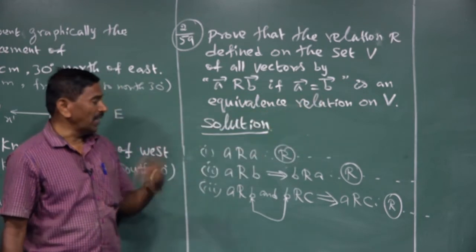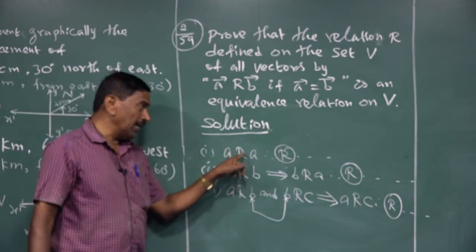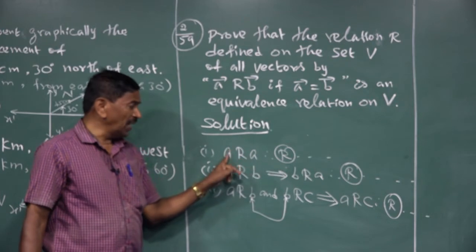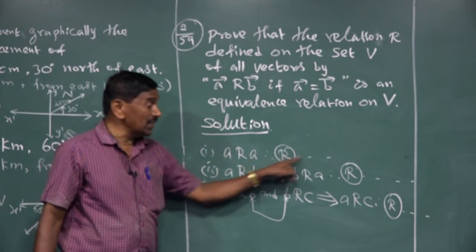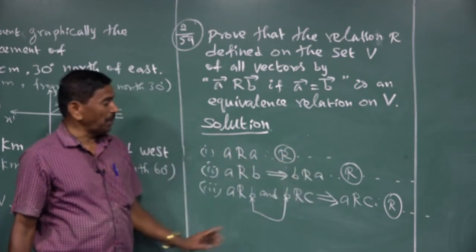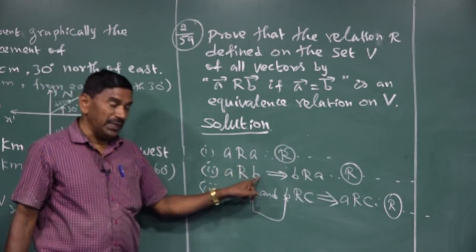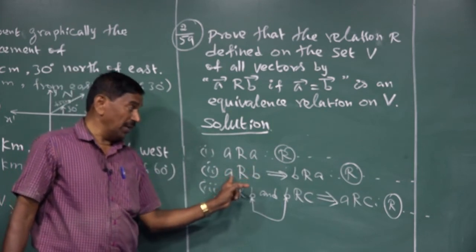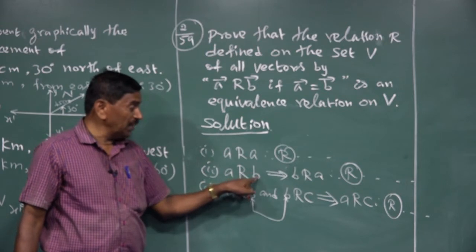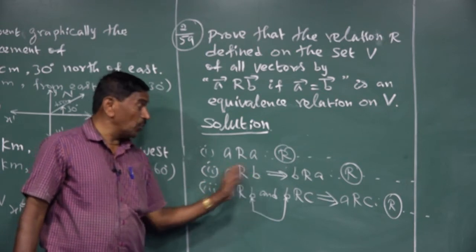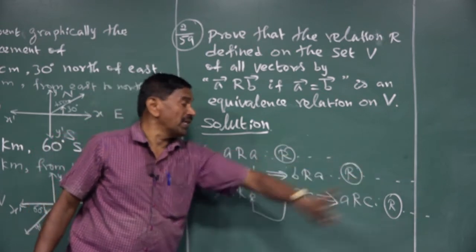Again listen: A is related to A, itself relation; then R is reflexive. Next property: A is related to B, which implies B is related to A; therefore, R is symmetric.